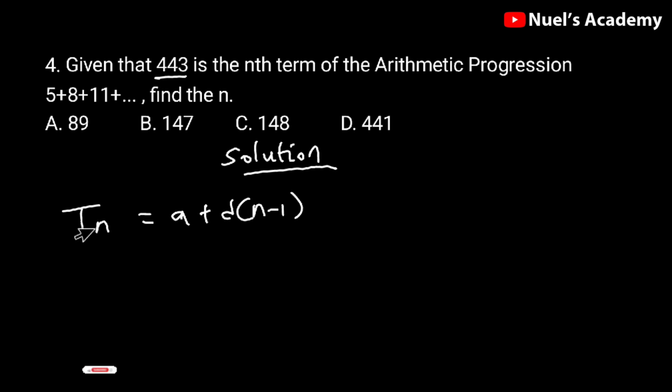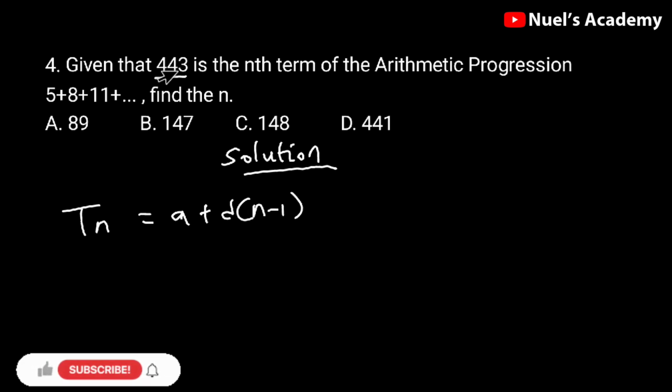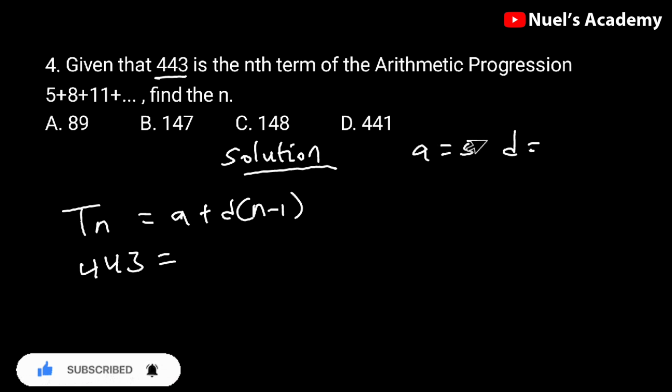So this Tn is what we are given to be 443. So we have 443 is equal to, and a here is 5. The common difference is 8 minus 5, which is equal to 3. You also know that 11 minus 8 is also equal to 3.